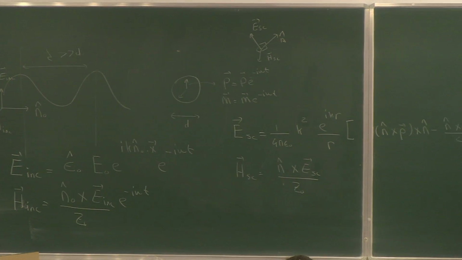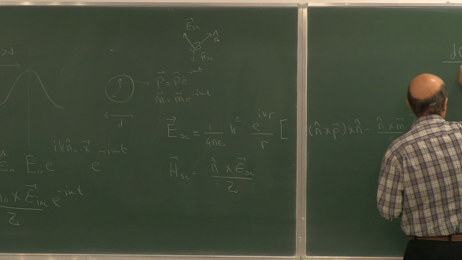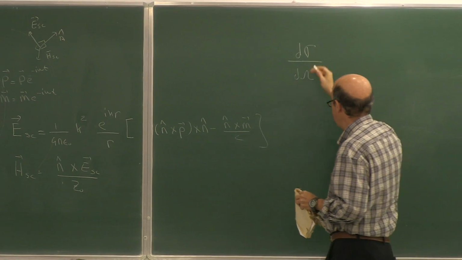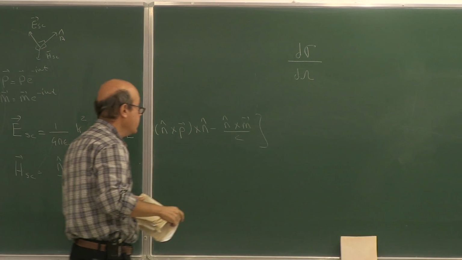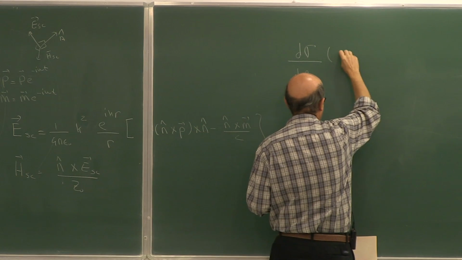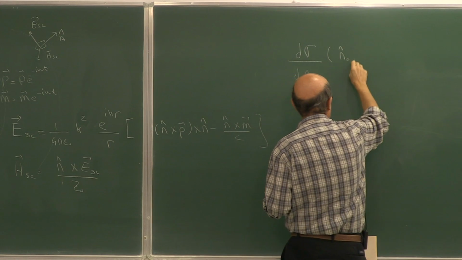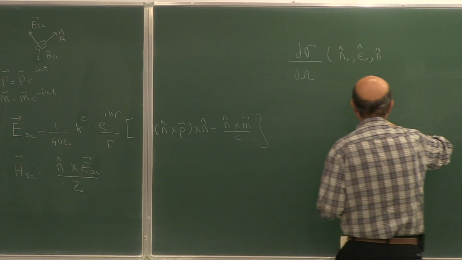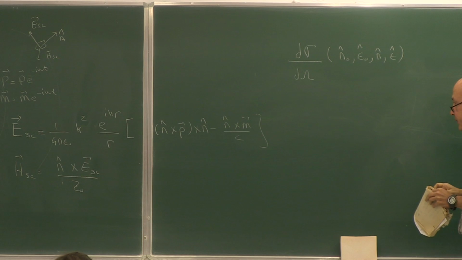Then we tried to define the scattering cross section per solid angle, that is, area per solid angle, and the scattering cross section per solid angle depends on the incoming direction of the waves, the initial polarization, and after the scattering the direction of propagation and polarization after the scattering.